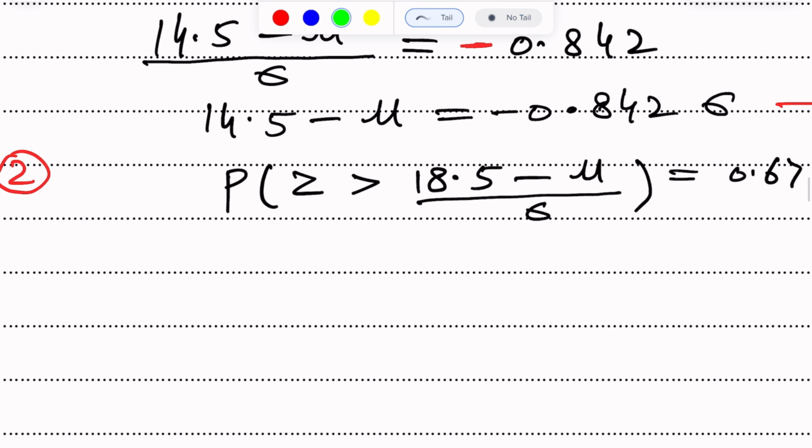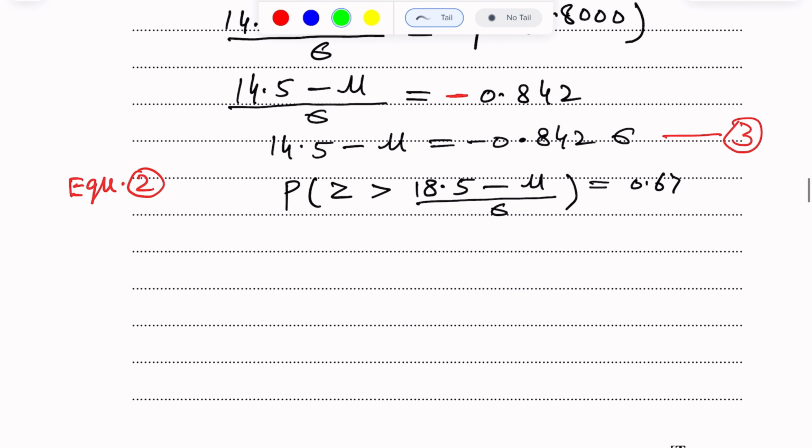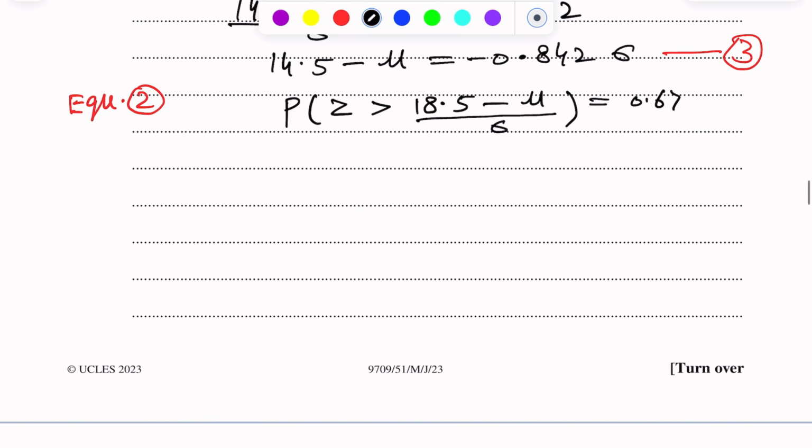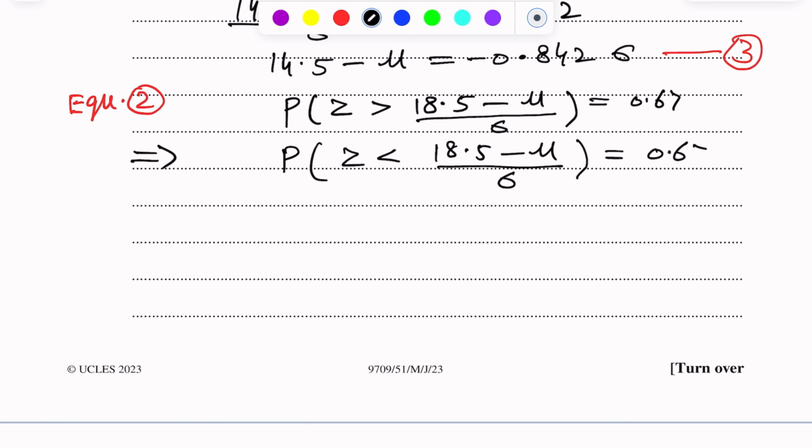Probability will be the same for less than or greater than, so we write probability of z is smaller than 18.5 minus mu over sigma is also equal to 0.67.